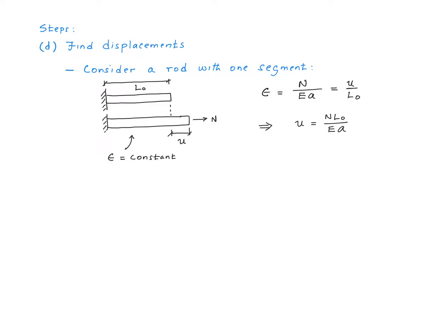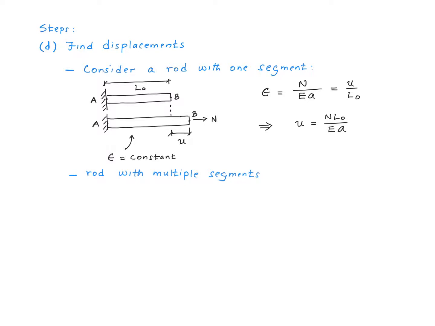So now how do we extend this analysis to a rod with multiple segments? We can extend this easily if we make one key observation, which is that point B moves by a distance u given by this equation only because point A is fixed.